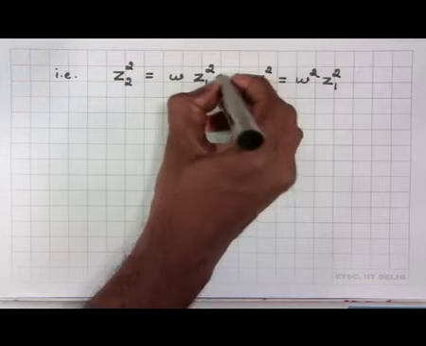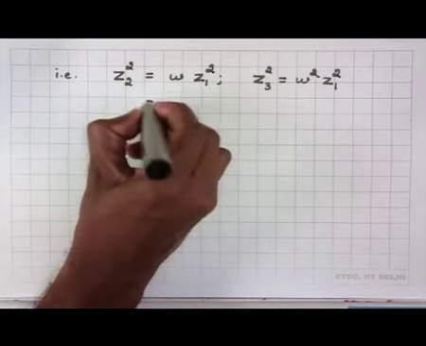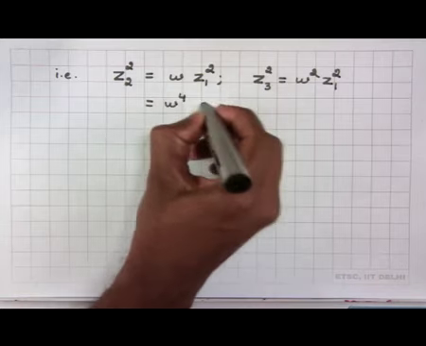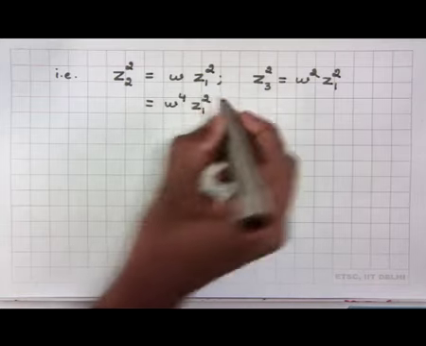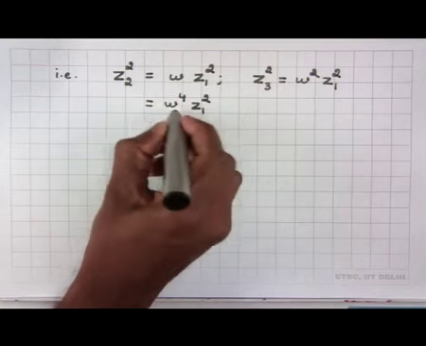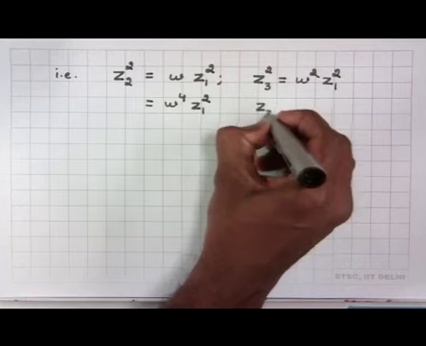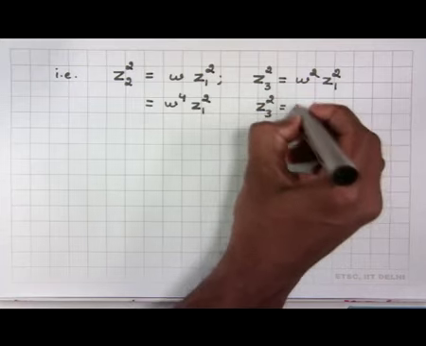So, we can notice that omega can be written as omega power 4, so the same expression can be written as omega power 4 multiplied with Z1 square.